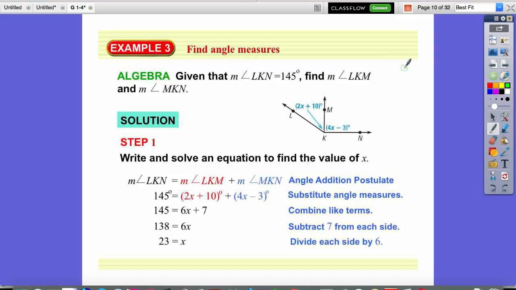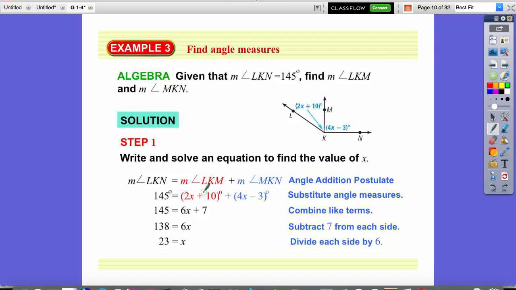So we're going to talk about finding angle measures. This follows the same logic of what we did with the segment addition postulate. Angle LKN, this entire thing is made up of 2 parts. It's made up of LKM and MKN. So it's made up of the 2x plus 10 plus the 4x minus 3.